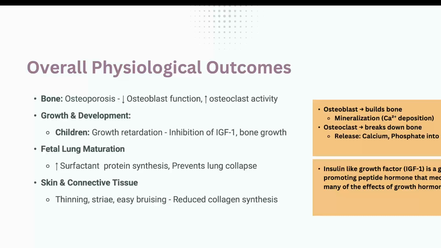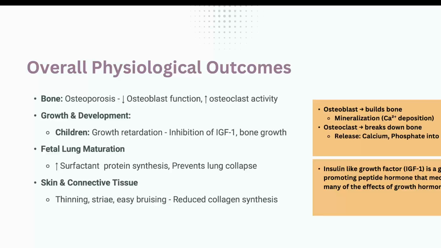Okay. Using exogenous glucocorticoids, or when the cortisol level is abnormally high, leads to osteoporosis. What do we mean by osteoporosis? It means the osteoblast function decreases and osteoclast activity increases. And we will take this lecture too in the future, inshallah.